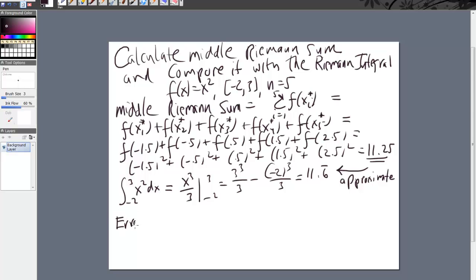How much error is in this approximation to the full Riemann integral?